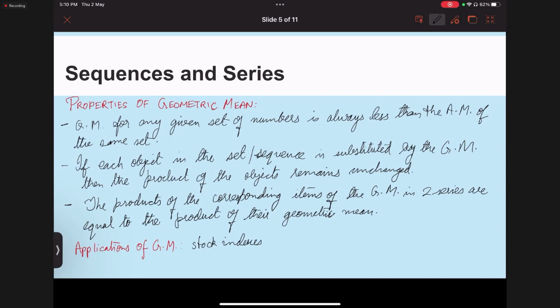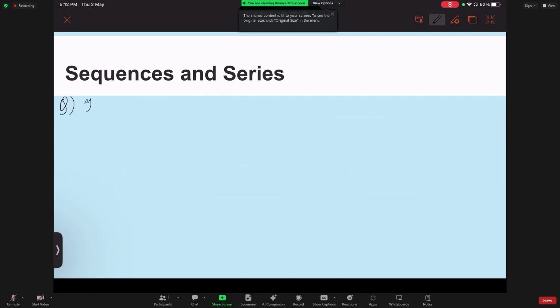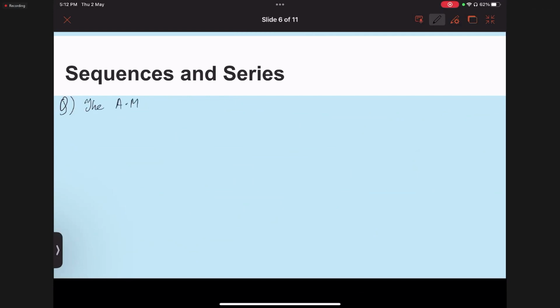The AM and GM of two positive integers are 10 and 8.